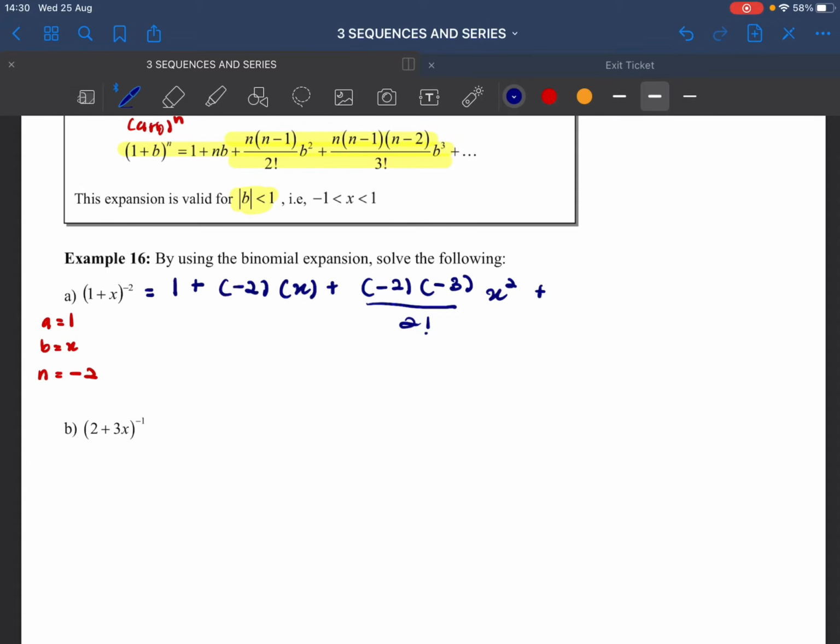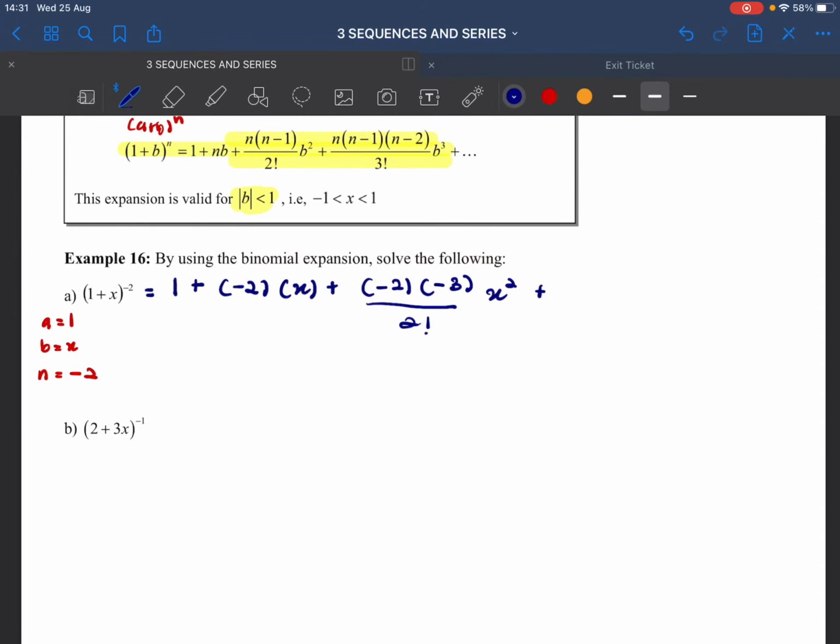Okay, so now we just proceed. So the difference here is, kat sini kita kena tolak 1. Kalau bertambah lagi dia punya term, kita tolak 1 lah. And here the power nanti akan naik. Okay, the power akan naik, power untuk b kita. Okay, so this is first term, second term, third term.